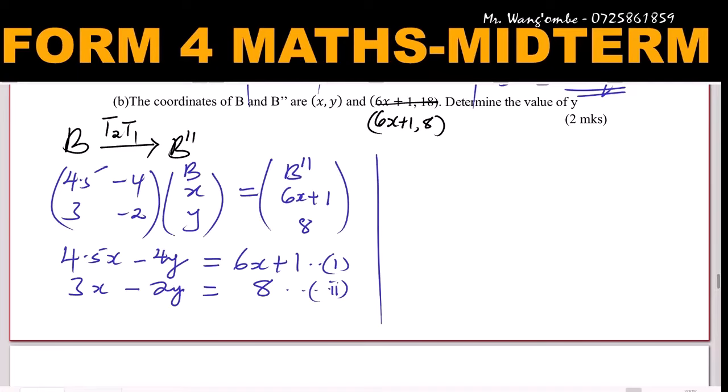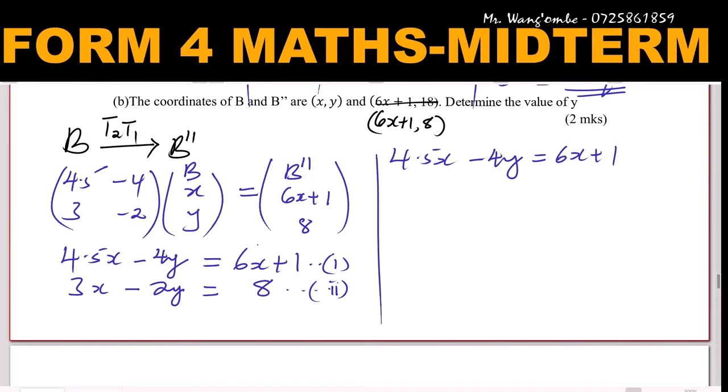So I'll use elimination. The elimination method is what I'm going to use. You can eliminate x, or you can eliminate y. So let me eliminate y. So the first equation is 4.5x minus 4y is equals to 6x plus 1.